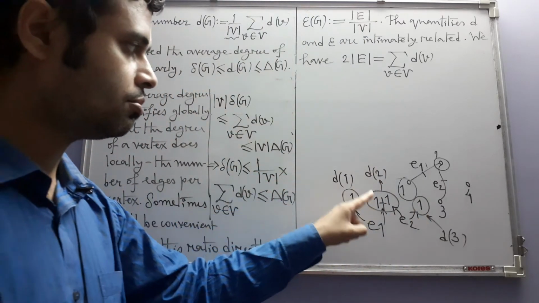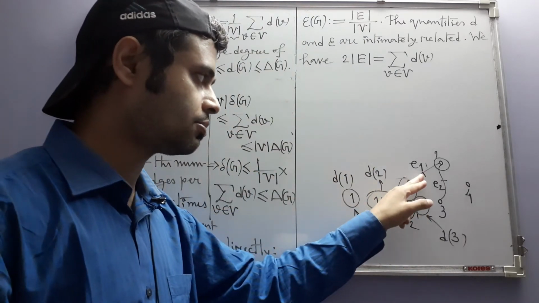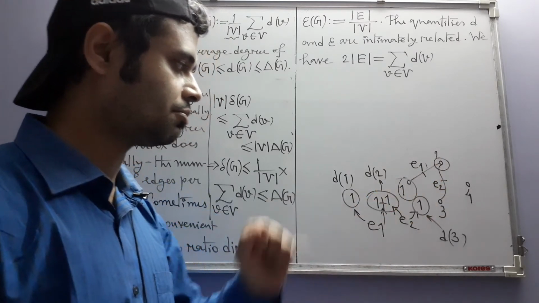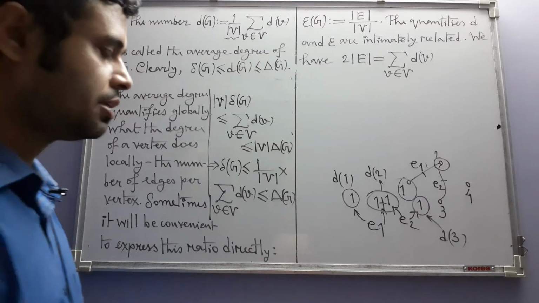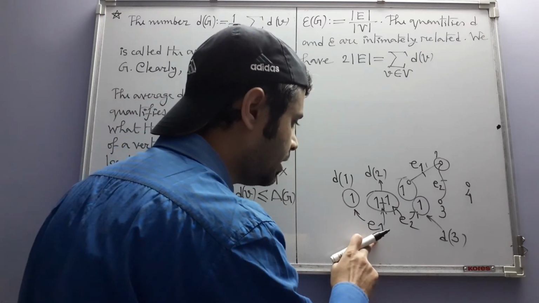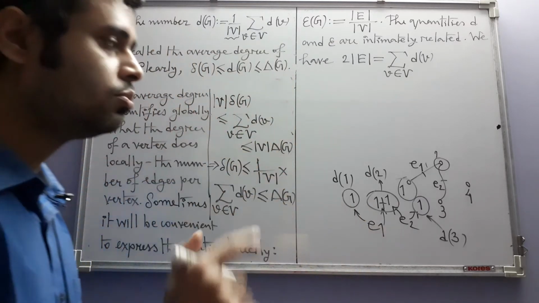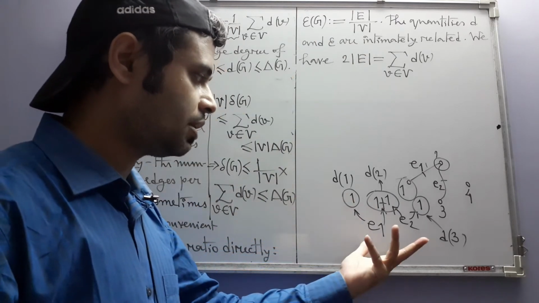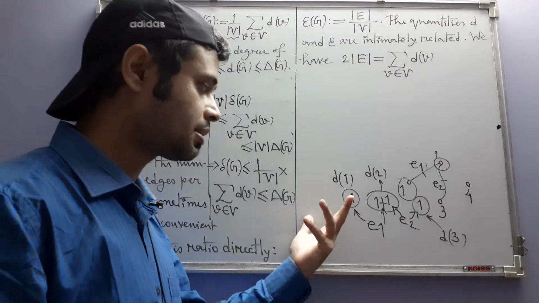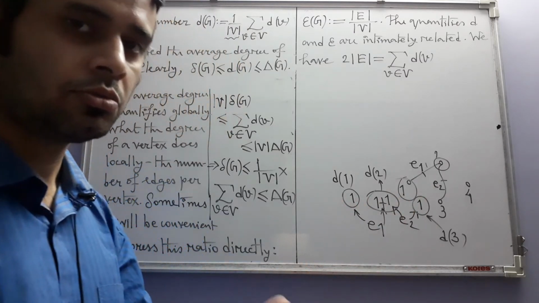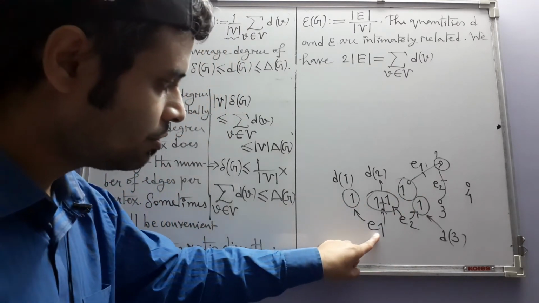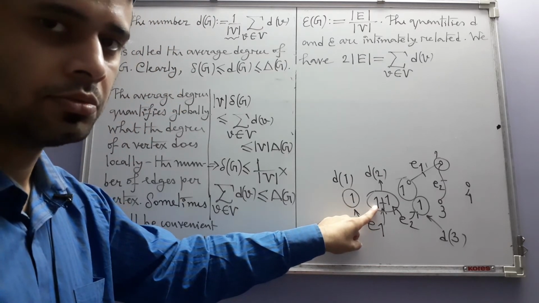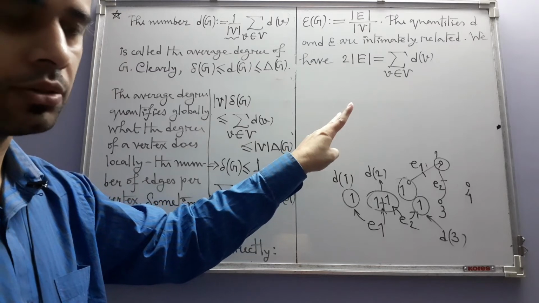So d of 2 is 2, and that 2 is actually coming, one from this, another one from this. So that's why you see that every edge contributes 2 to the sum of the degrees. So the sum of the degrees should be 2 times the number of edges. If you have one edge, the total sum is 2 because 2 degrees have been contributed.